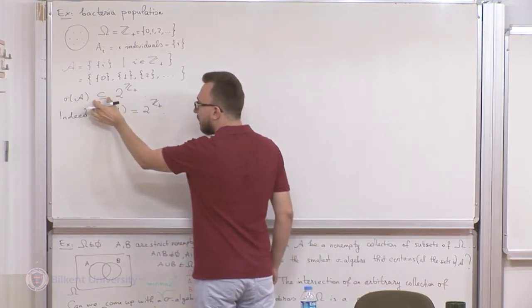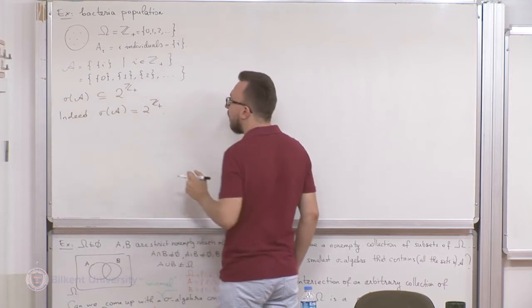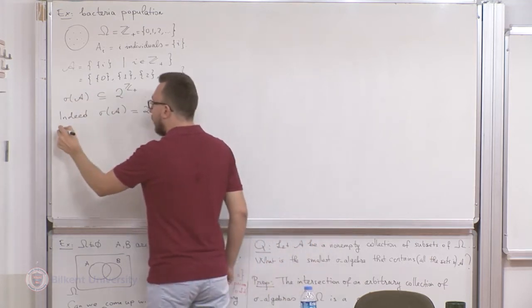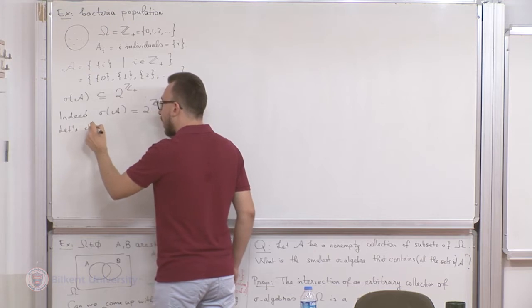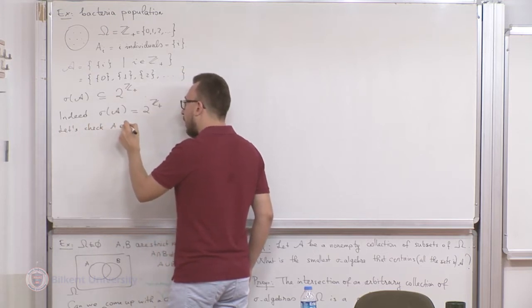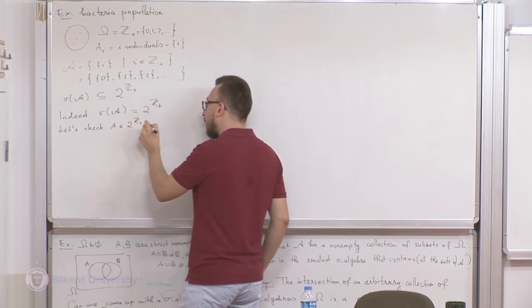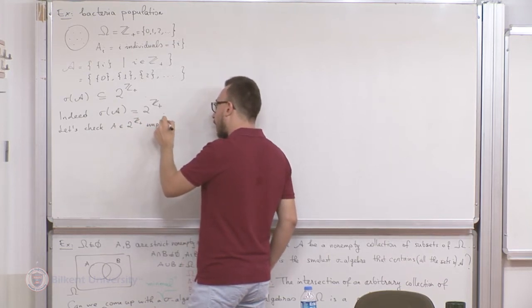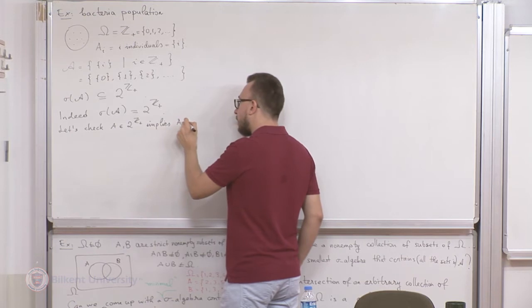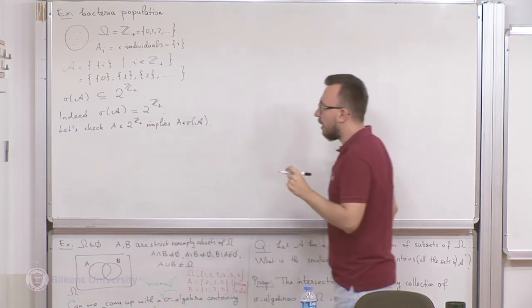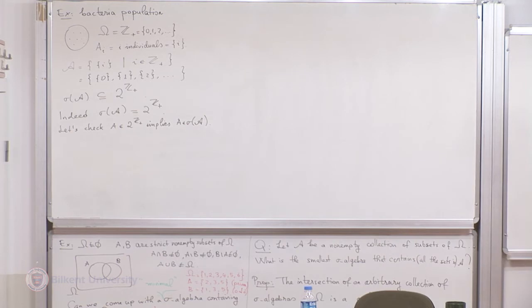Well, this part is trivial, right? It's already a sub-sigma algebra of the power set. So let's check: A in 2 to Z plus implies A in sigma of script A. Well, A is in 2 to the power Z plus means what? A is a subset of Z plus.